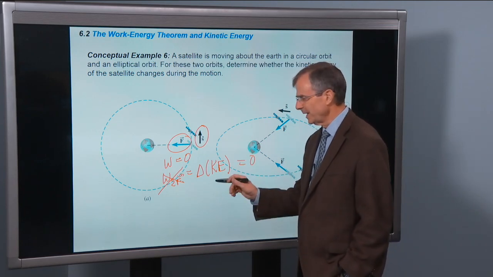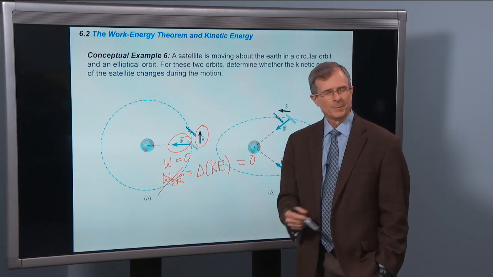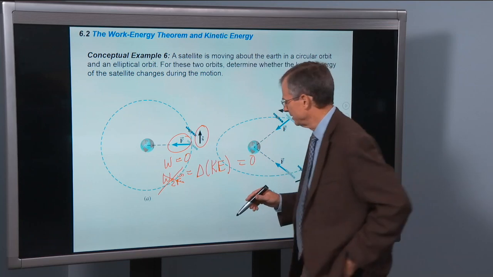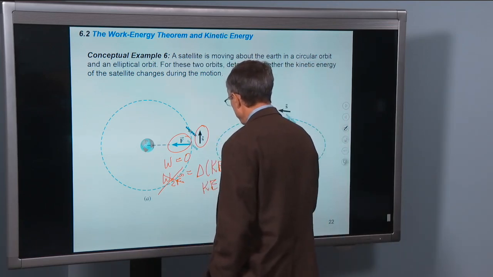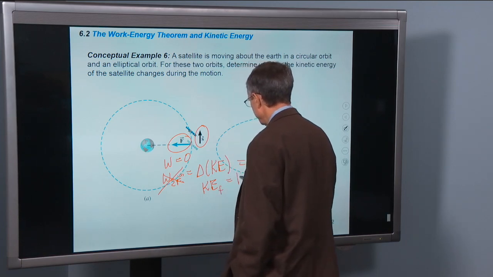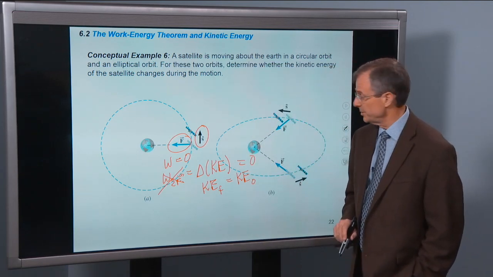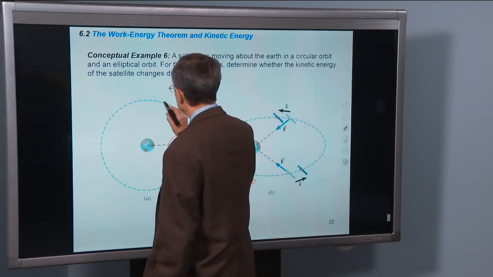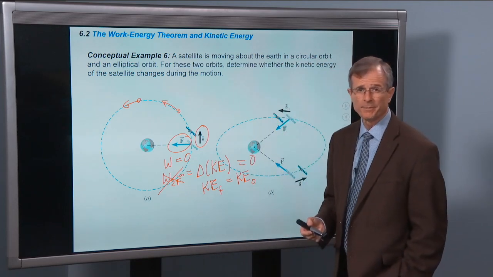It says that the final kinetic energy minus the initial kinetic energy is equal to 0. But you can just add the initial kinetic energy to both sides of the equation and determine, therefore, that the final kinetic energy is the initial kinetic energy. Kinetic energy doesn't change. It's moving at a constant speed. It's in uniform circular motion, like we did in Chapter 5.